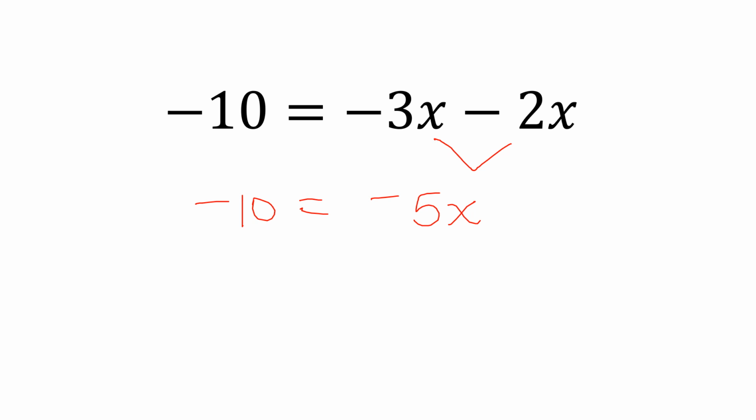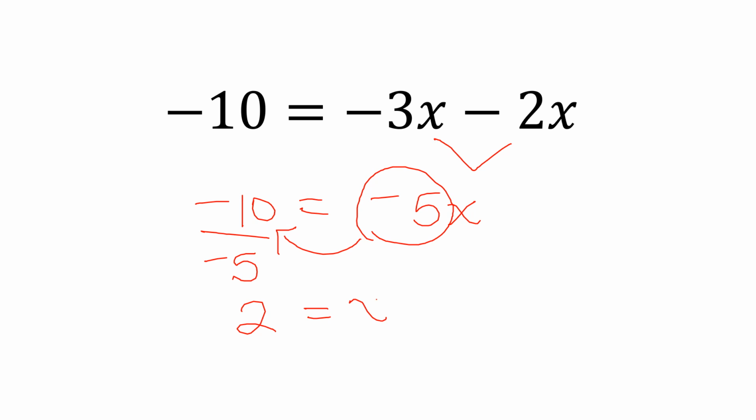And so now, to find out what x is, I need to move this negative 5 to the other side of the equation, which I'm going to do with division to get rid of the multiplication. And so negative 10 divided by negative 5 is going to be positive 2. So that means that x is positive 2.